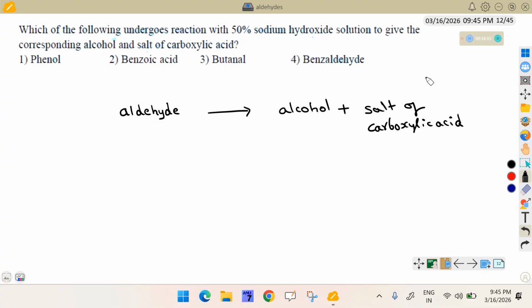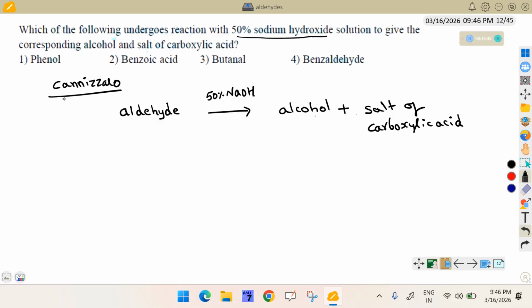See the next question. Which of the following undergoes reaction with 50% sodium hydroxide, 50% NaOH, then it gives the corresponding alcohol and salt of carboxylic acid. According to the given data, it is a Cannizzaro reaction.